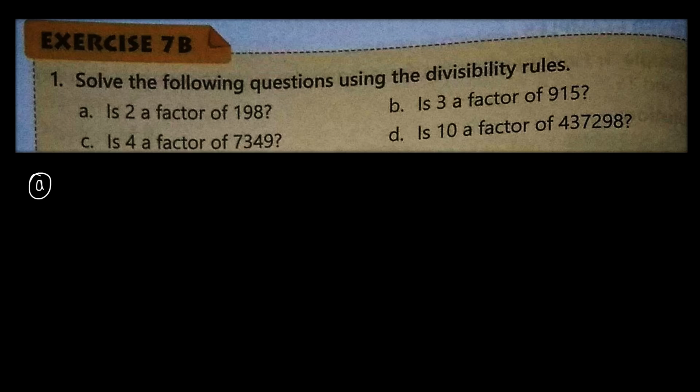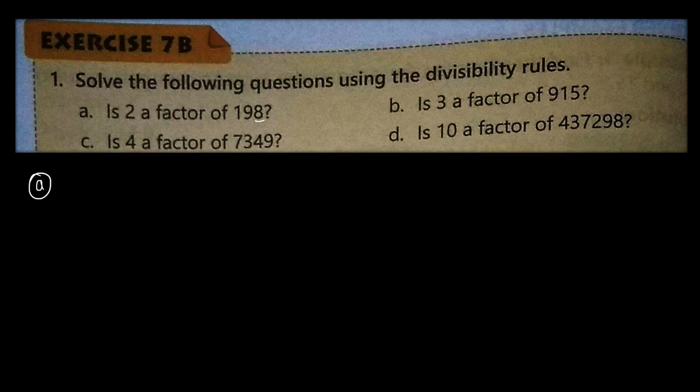Now, what we have to do in this question: solve the following questions using the divisibility rules. Here we have to find out whether 2 is a factor of 198 or not. We just need to see the last digit. If the last digit is divisible by 2, that means 198 is divisible by 2.